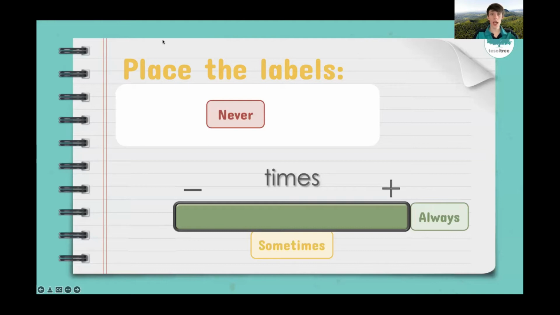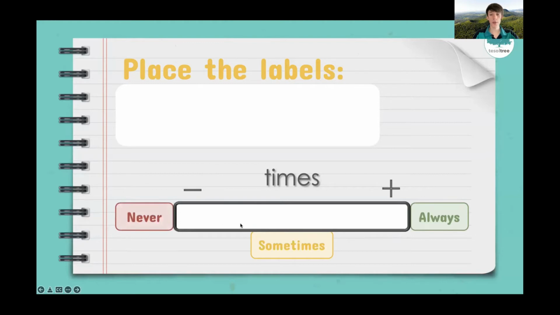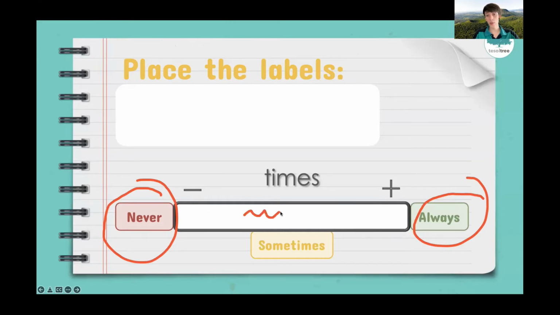Good. And how about if it's 0 times, no times? We say never, okay? 0%, we say never. 100%, we say always. And in the middle, we say sometimes.